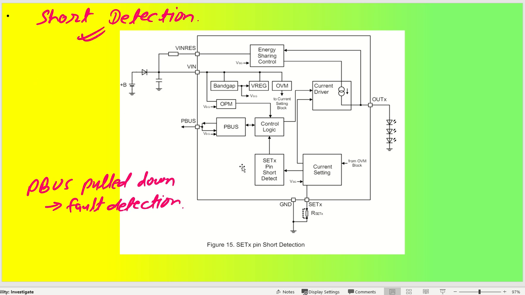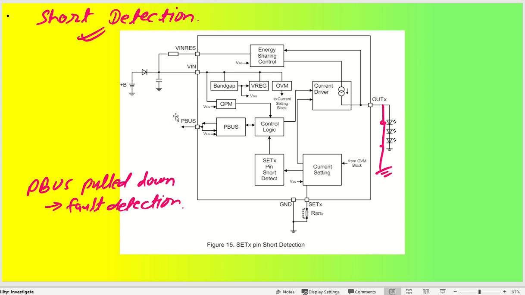Coming back to other parameters, going to short detection. If you talk about short detection, the R set pin, the I set pin, has been used for resistor setting. Whenever it sees a short circuit, this current setting resistor will be short circuited to ground, which means it will see a very huge amount of current, and at that time my P bus will be pulled down.